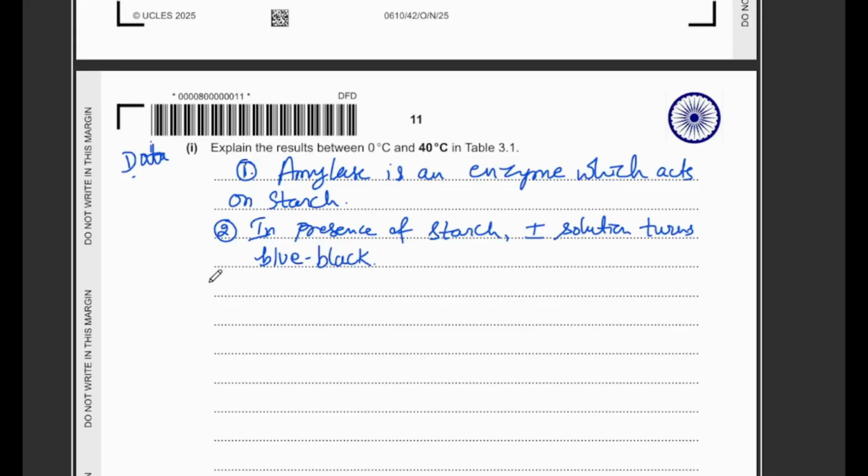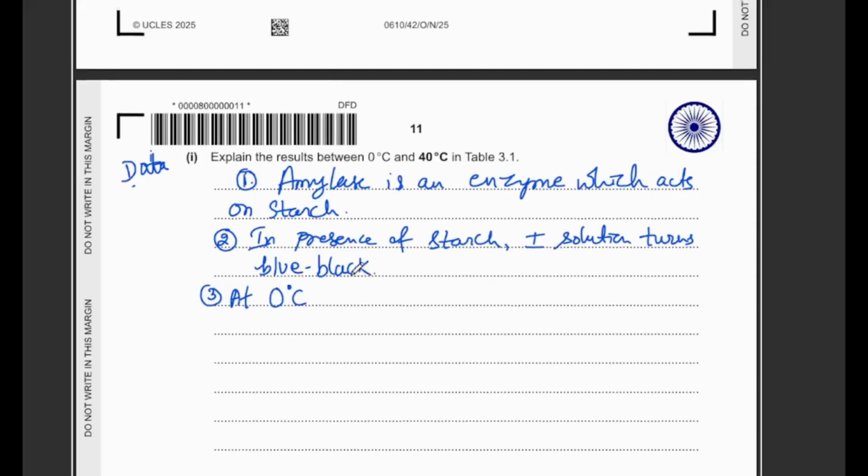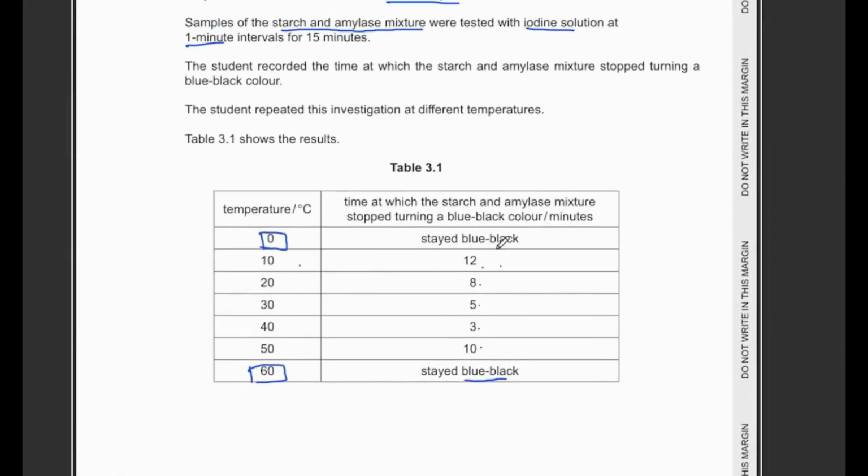Now next one, so let's put the readings here. At 0 degrees Celsius, what is happening? It stayed blue-black.